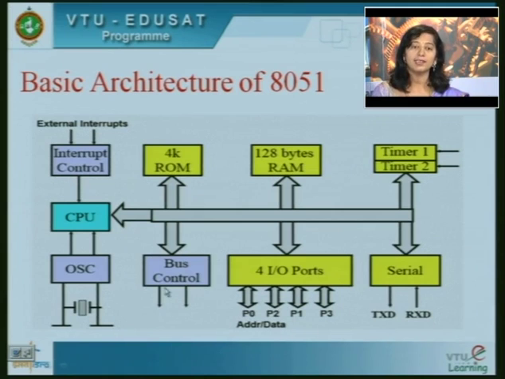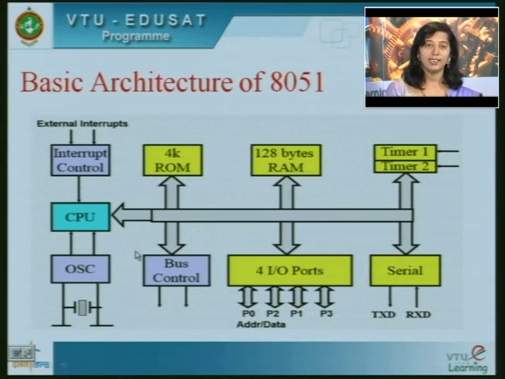Then we have bus control. All these interconnections which are shown between them, all these things with arrowheads, are called buses. Generally, a bus is a collection of data lines. What are buses? Buses are collection of data lines and they are used to interconnect the different devices present on the MCU.